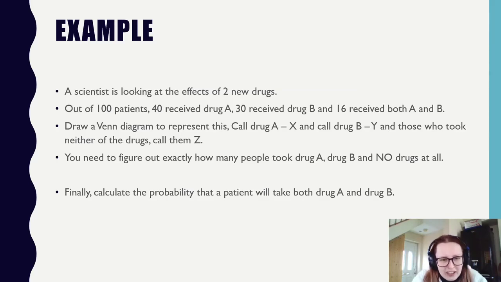Call drug A X and drug B Y, and those who took neither, call them Z. You need to figure out exactly how many people took drug A, drug B, and no drugs at all. And then finally, calculate the probability that a patient will take both drug A and drug B.